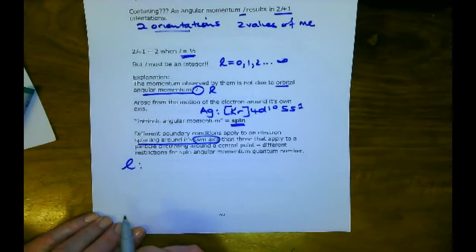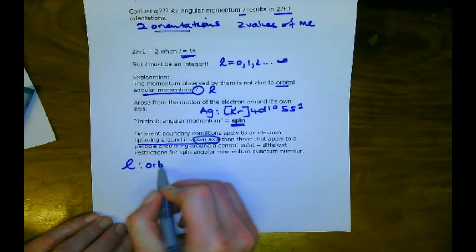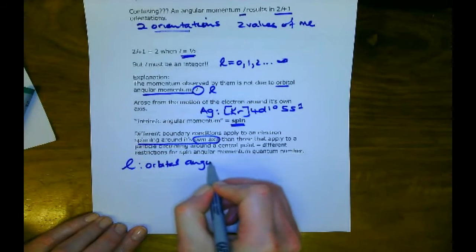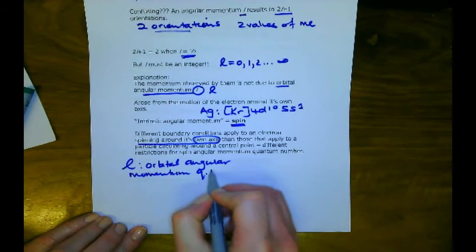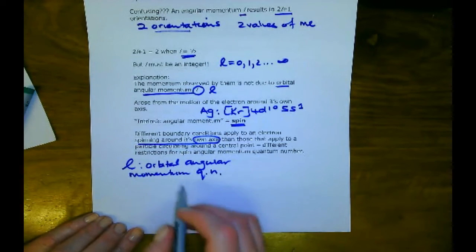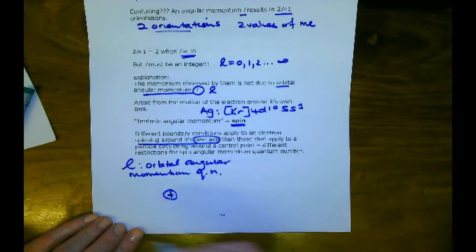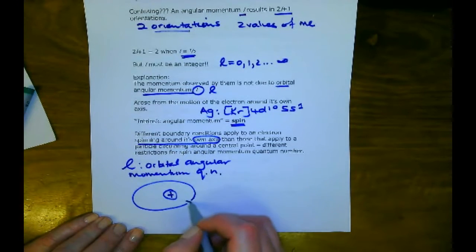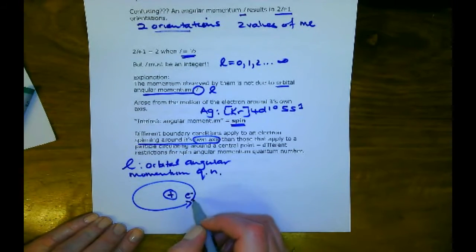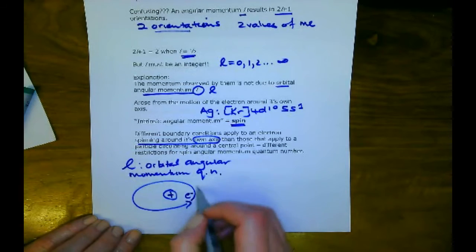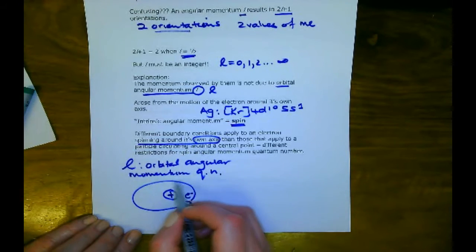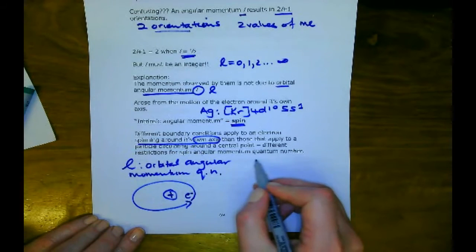On the one hand, we have the quantum number L, which is the orbital angular momentum quantum number. And a very simple and probably not correct way of visualizing this is to see this as the angular momentum the electron has because of moving around the nucleus. It orbits the nucleus, therefore we call it the orbital angular momentum quantum number.